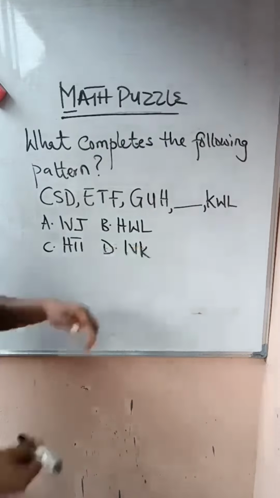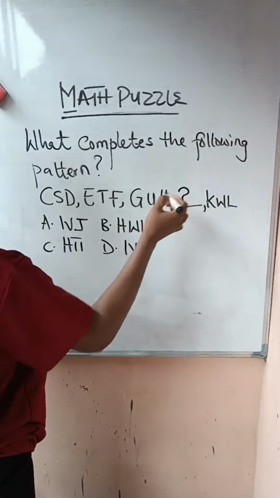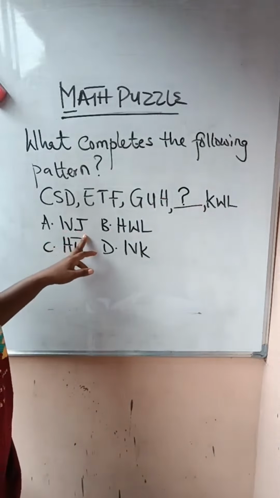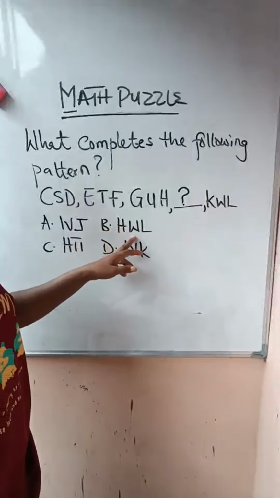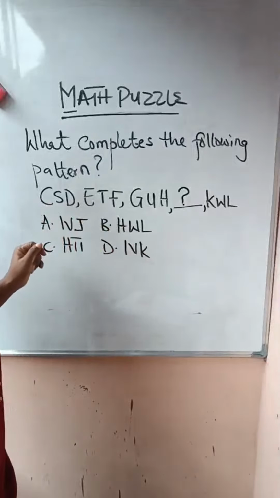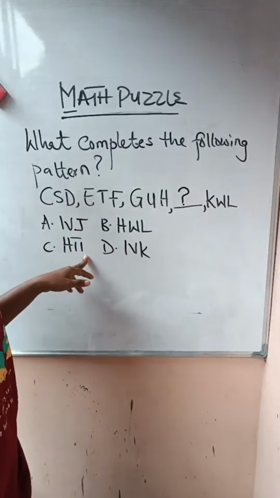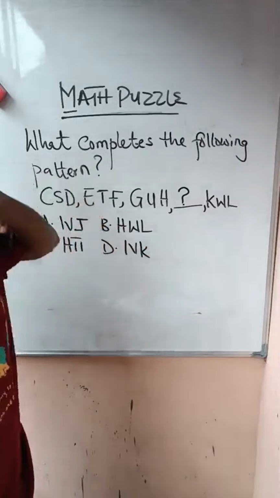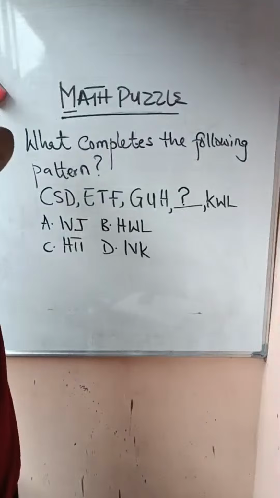And there's a space here. This is where we are looking for. What should be there? Option A, IVJ. Option B, HWL. Option C, HTI. Option D, IVK. What is the next in pattern?